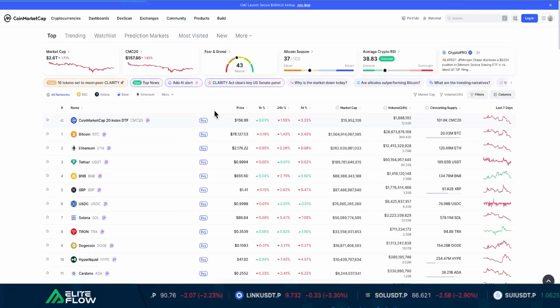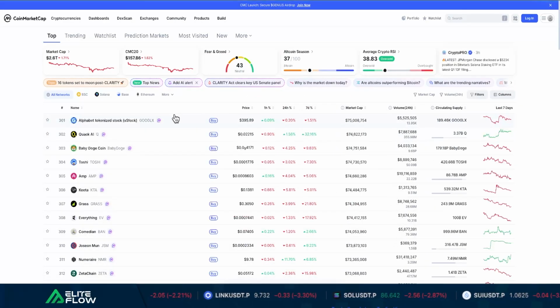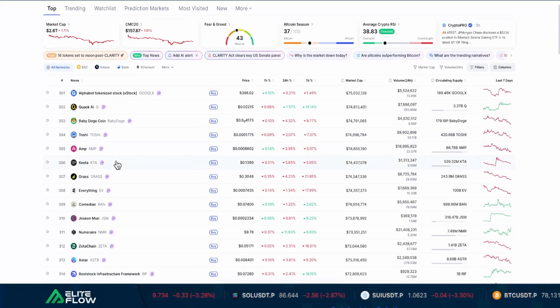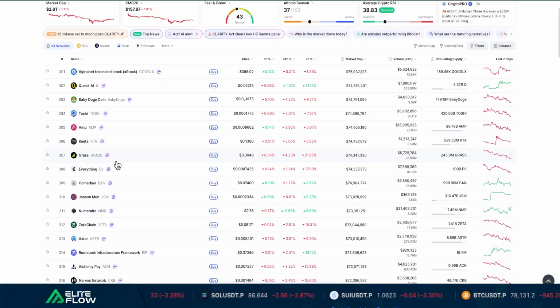If you're trading past the top 2, 3, even 400, I think that's just straight up gambling, because 98% of altcoins, 98, not 100, are going to be Ponzi, are going to be shit, are going to be scams.